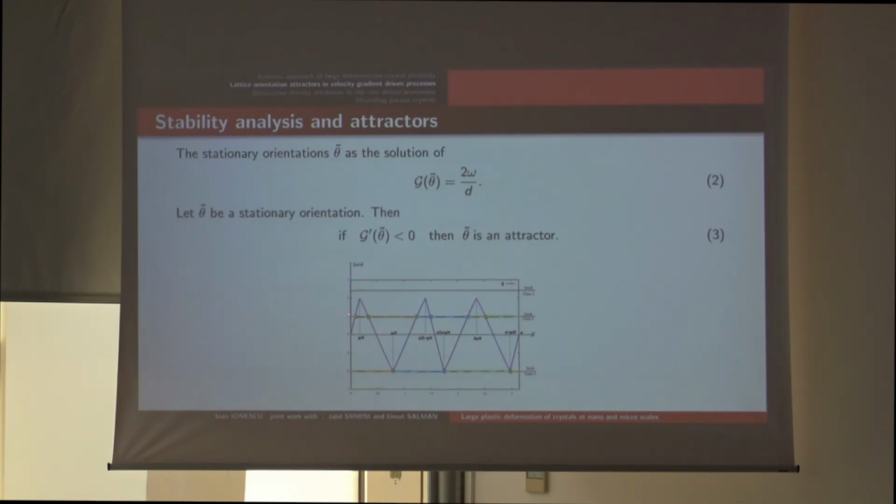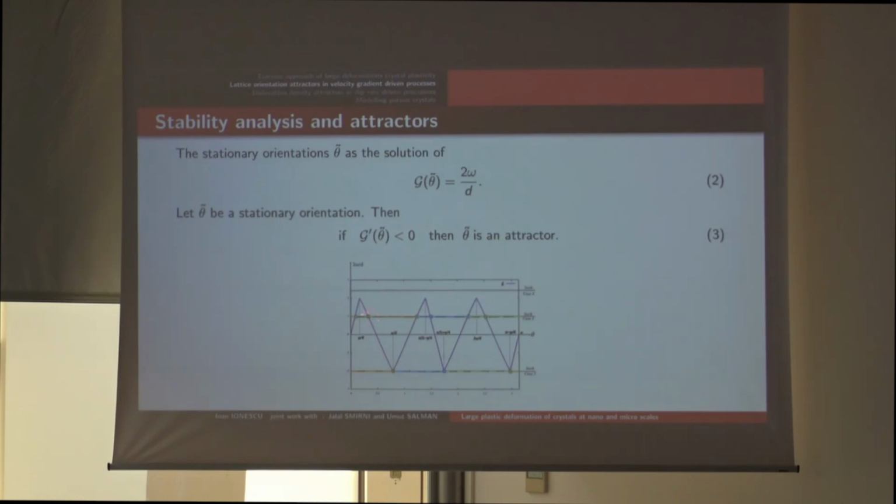The first is when 2 omega over d is between -1 and 1, and then you have 6 stationary solutions, but only 3 of them are attractors.